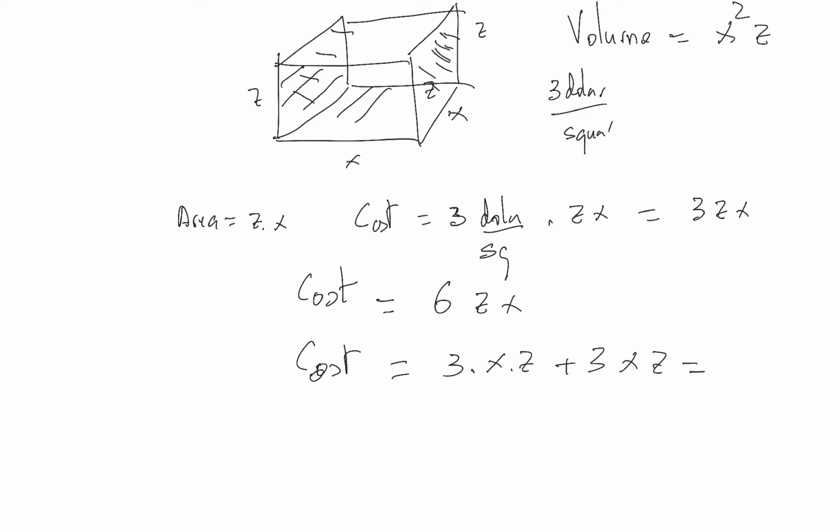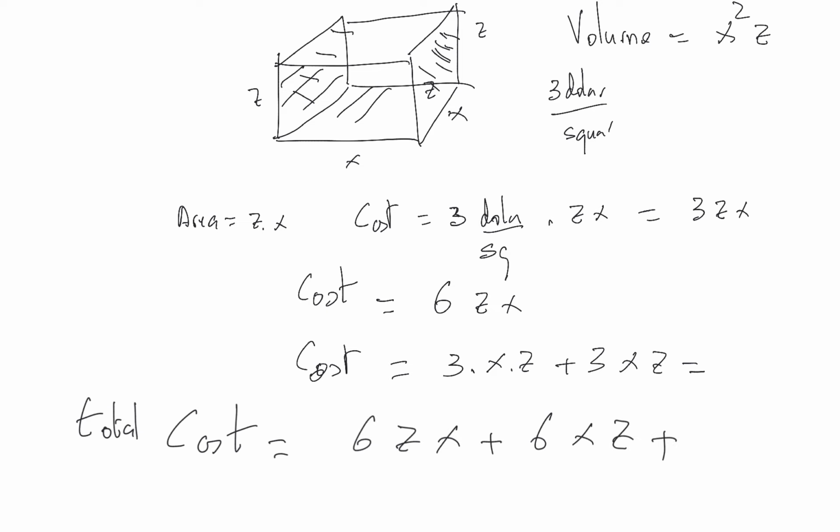So the total cost will be equal to 6 times z by x plus 6 times x by c plus the cost of the base.